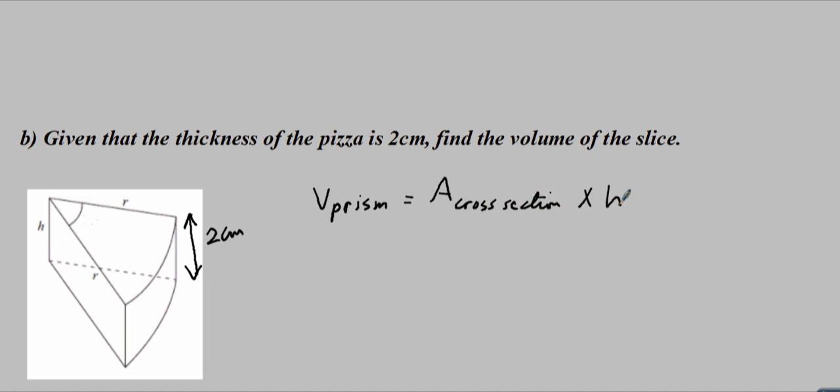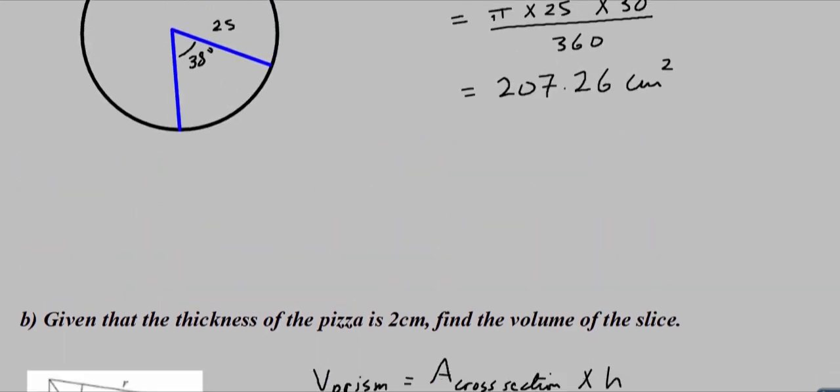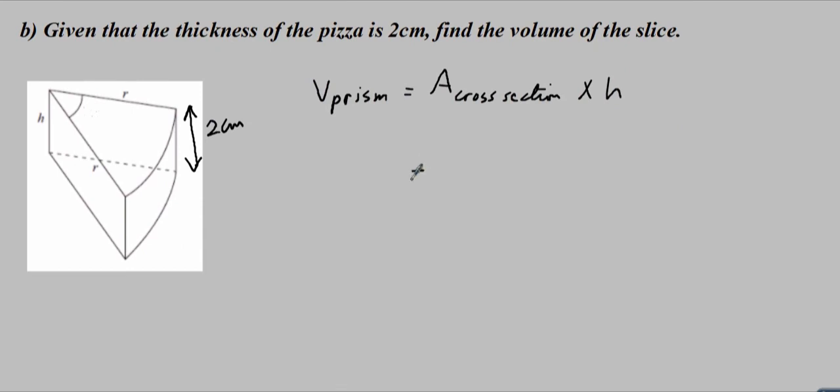In this case, we have already calculated the area of the cross-section, which is the area of the top of the pizza, as 207.26 times the height, which is 2, and this gives us 414.5 to 1 decimal place cubic centimeters.